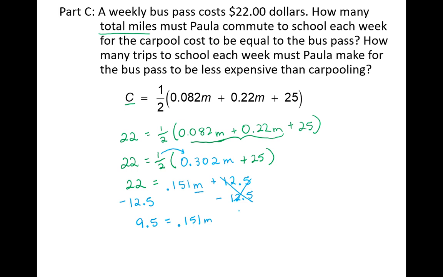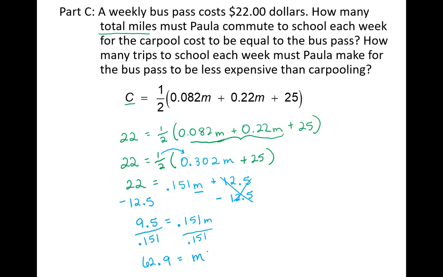Now our last step is going to be to divide by 0.151. We're dividing by that number because we want to undo the multiplication. They're multiplying by 0.151, so we're going to divide. That makes the right-hand side just M. 9.5 divided by 0.151 is 62.8 miles.